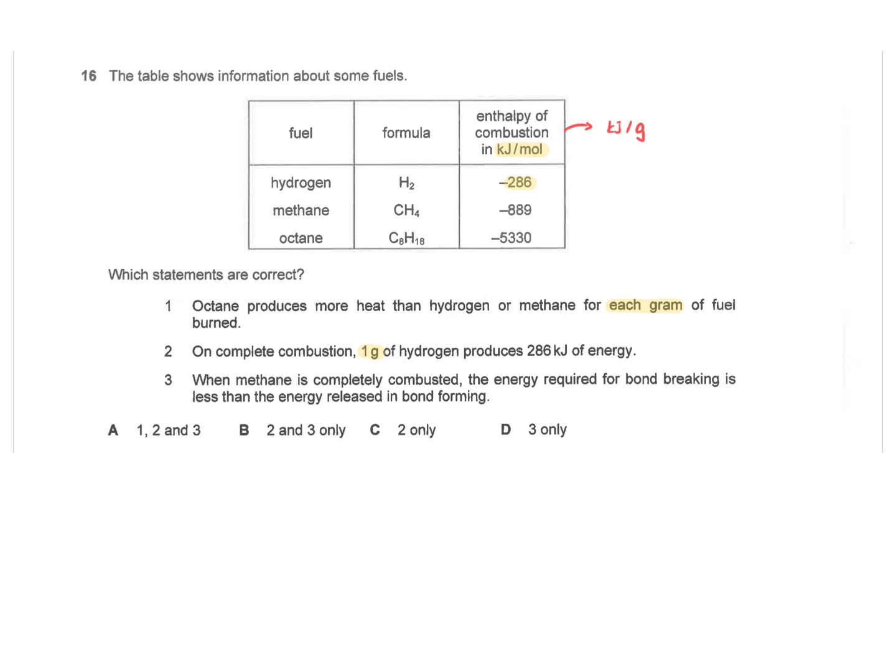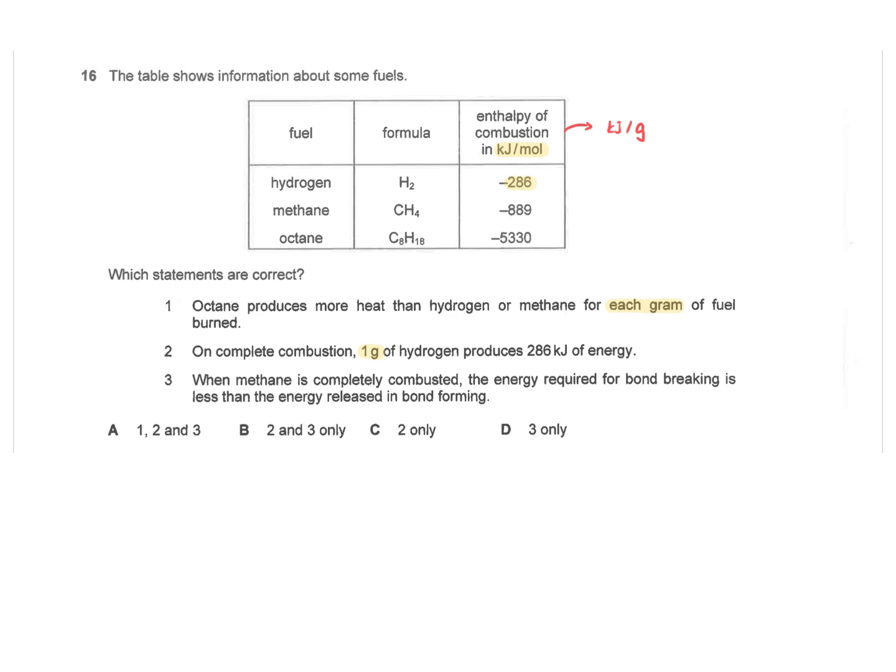So from per mole, how do we convert it to per gram? You need to find out for each gram of fuel how many moles of fuel are present. So 1 gram of each fuel is equivalent to how many moles?